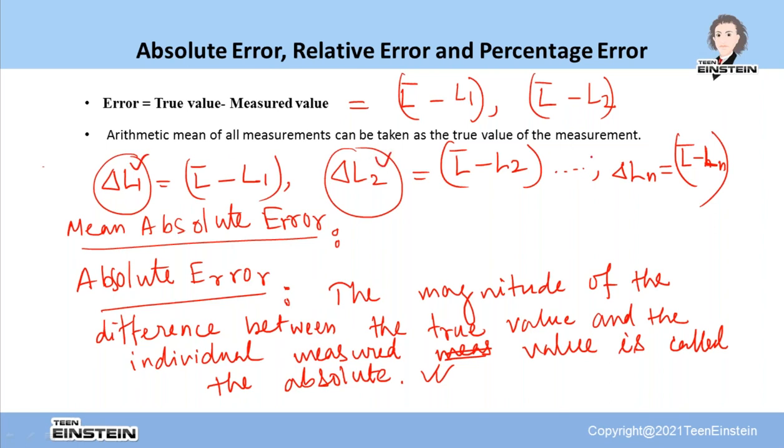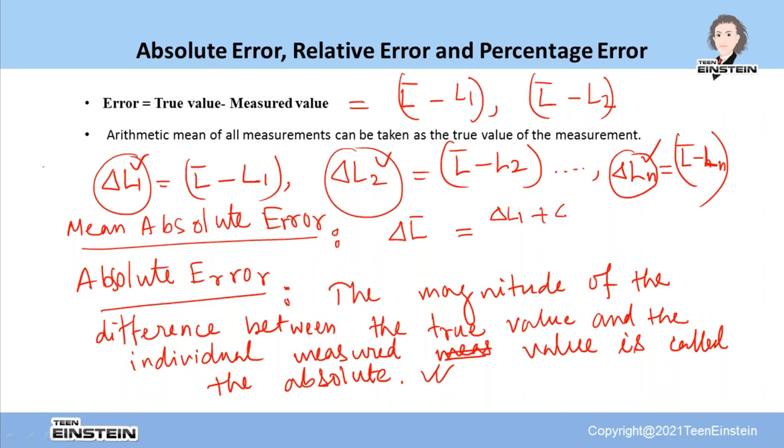I have got n such absolute errors. If I take the mean of those, I'll get the mean absolute error. I hope it is also fine for you. I don't think you will have some problem here. So you get this as mean absolute error.